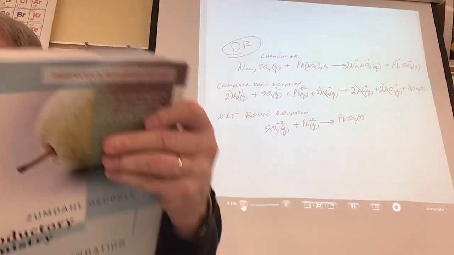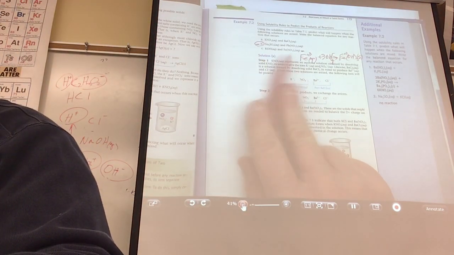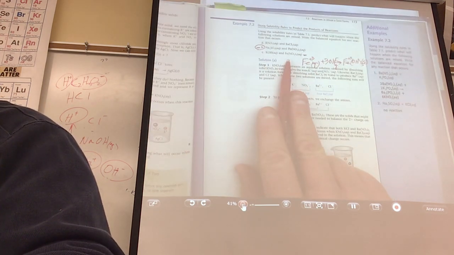All right, here we go. Ready? Here's the next problem. Now, all I want to do is write this down. After I write it down, I'll show you how to do the shortcut. KOH aqueous plus iron 3 nitrate.